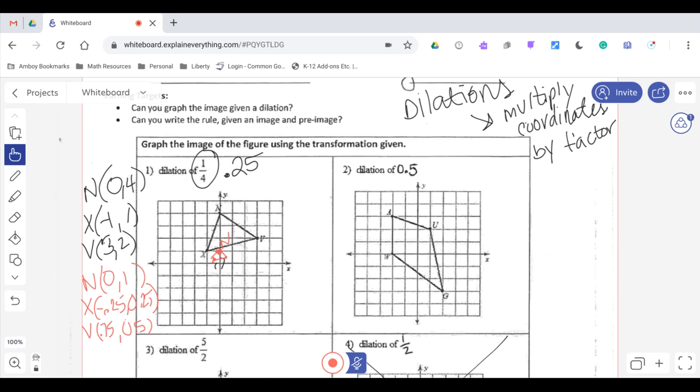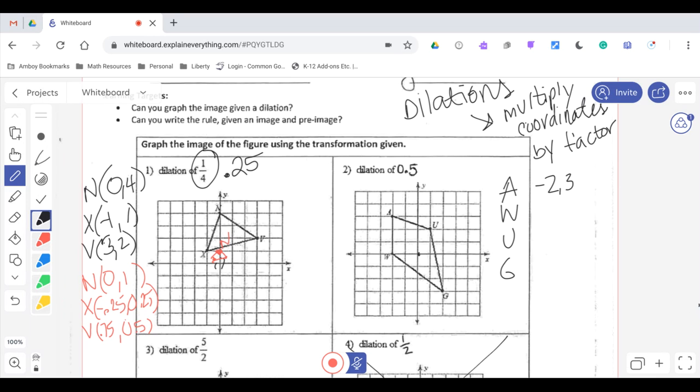Let's do the same thing with number 2 here. So again, I'm going to write down my coordinates, A, W, U, and G. And here's 0, 0. So A is at -2, 3. W is at -2, 0. U is at 1, 2.